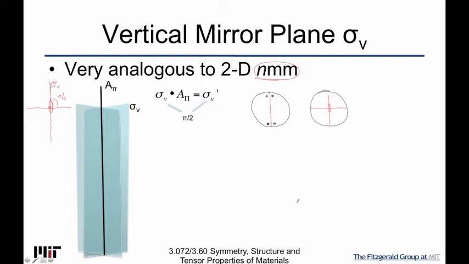And remember, just like in the 3mm, the 3m doesn't produce any new mirror planes because the plane has to pass through. So in the case of 3m, I'm going to have that.